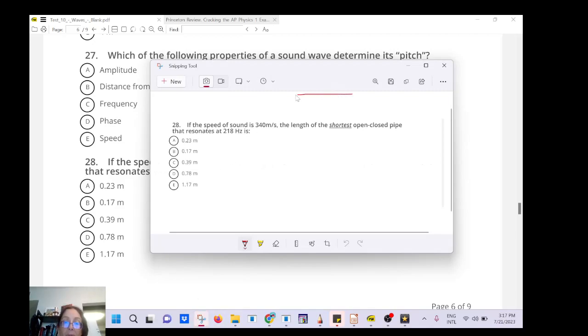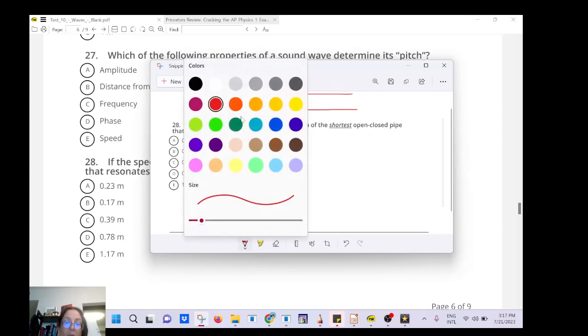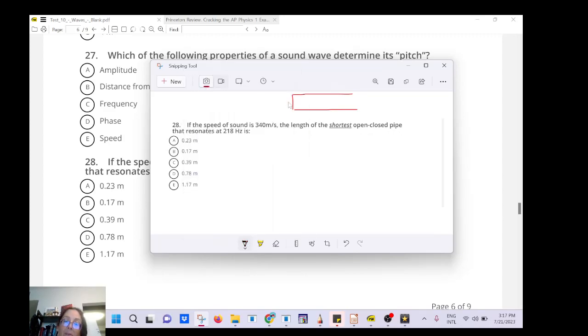So open, close. Oh, so they want the shortest length. Okay, so one way to go with this problem, you see it's closed here and open at the end. So it means that you start here with a node.